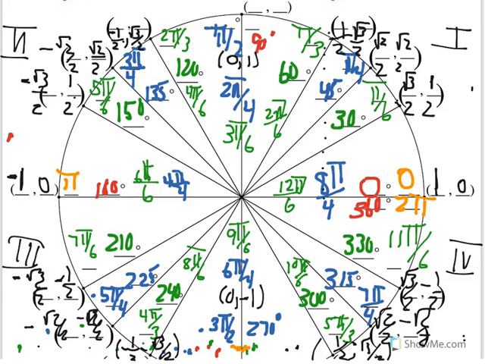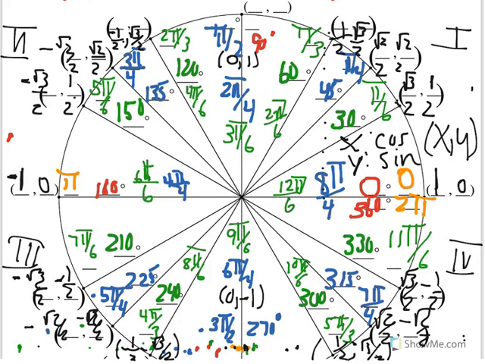Now your unit circle is done, and now you can remember where all of your angles are, where your ordered pairs are, and where your angles in degrees and radians are. And just don't forget, it goes x, y, and don't forget that x is cosine, and y is sine.